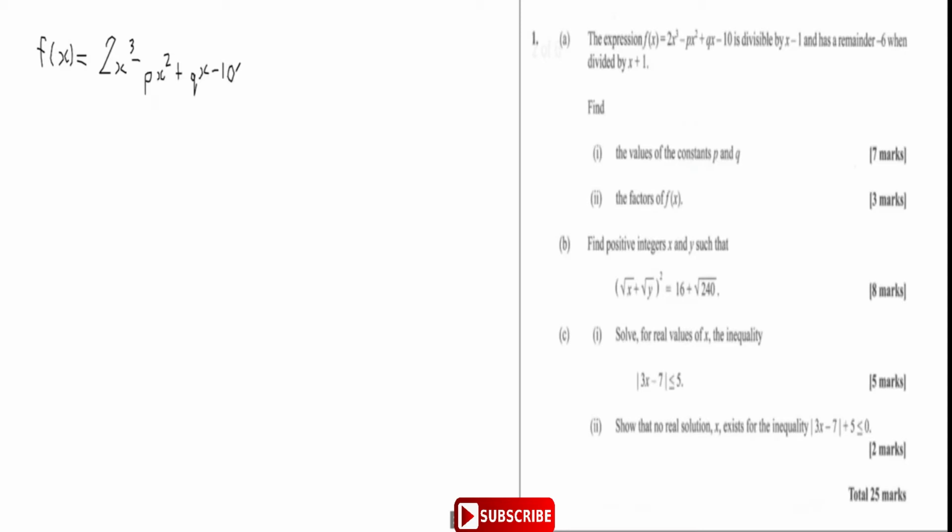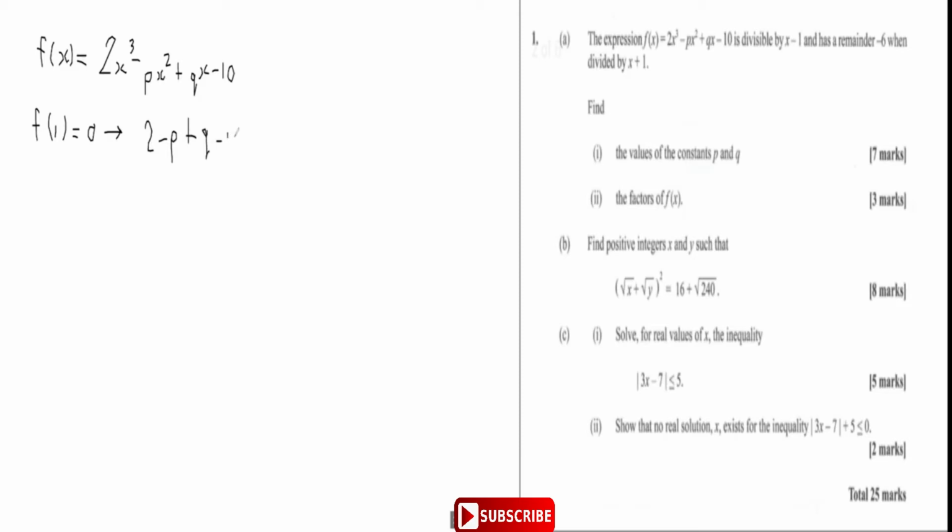The next thing that they say is, it is divisible by x minus 1. If it is divisible by x minus 1, then they're telling us that f of 1 is equal to 0. If f of 1 is equal to 0, we can substitute 1 into f, and we're going to get 2 times 1 cubed, which is 2, minus p times 1 squared, which is just p, plus q minus 10.